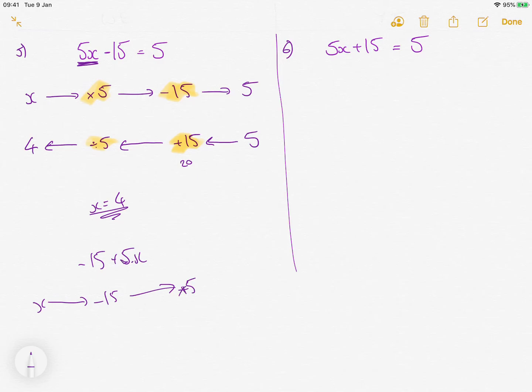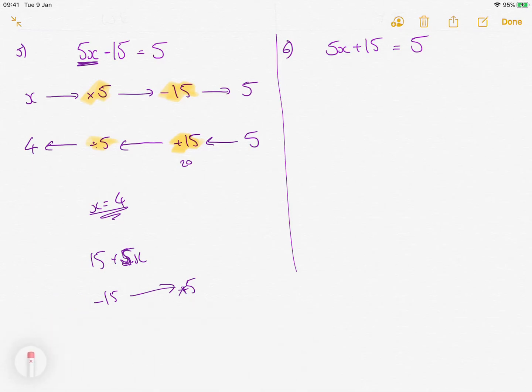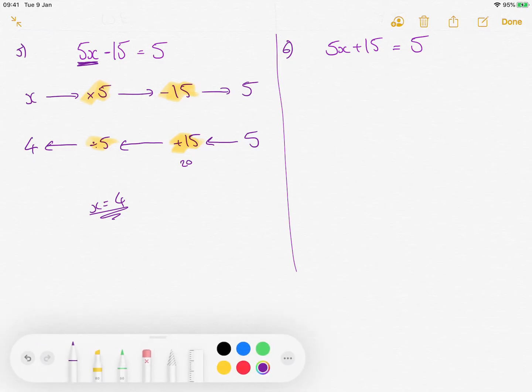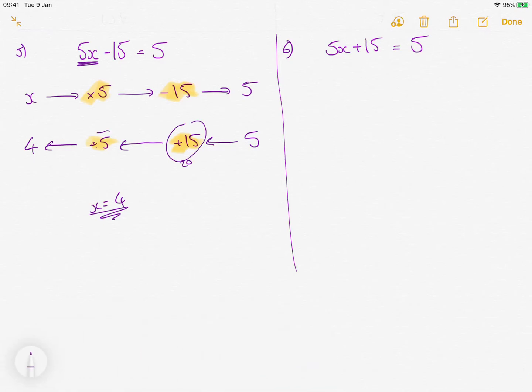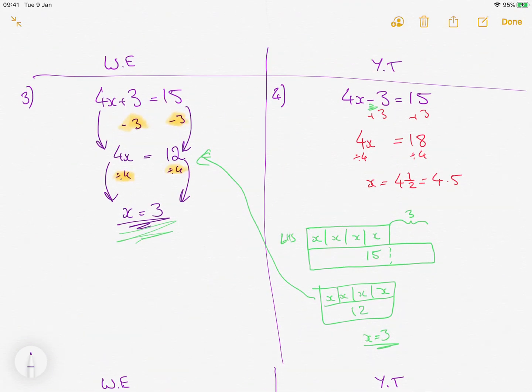It's got to follow BIDMAS, so you would times by 5 first and then take away 15. So I just think it relies heavily on the order that you're giving it in. So it's a good method in terms of thinking of the inverse, but I think it has its faults, which is why it's good to do the balancing method.